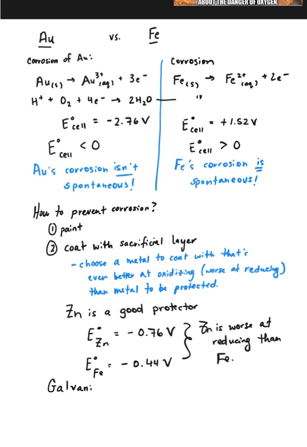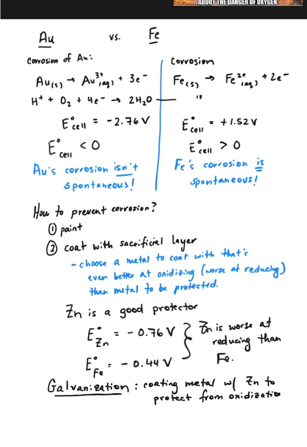Galvanized materials, or the process of galvanization, is the use or coating a material or a metal with zinc to protect it from rusting or oxidation. If you need a source of zinc, find some galvanized metal, like galvanized nails.